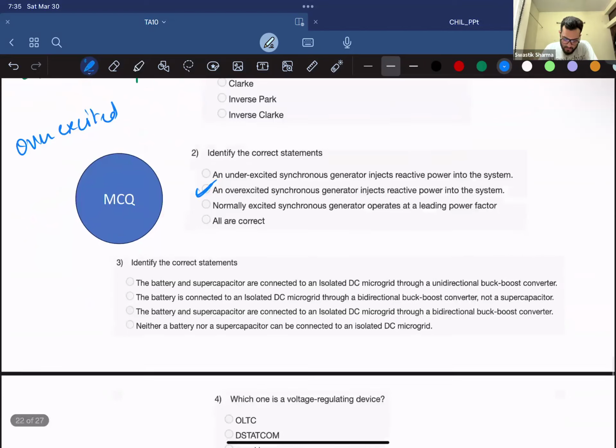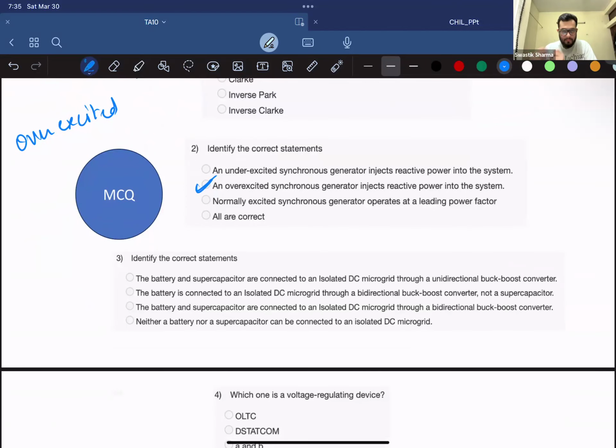Third, identify the correct statement. Again, this should be very easy, right? So in an isolated DC microgrid, how would you connect your battery and supercapacitors?